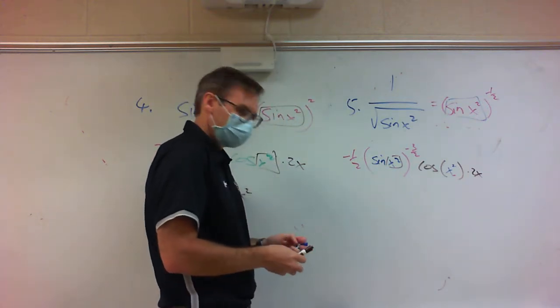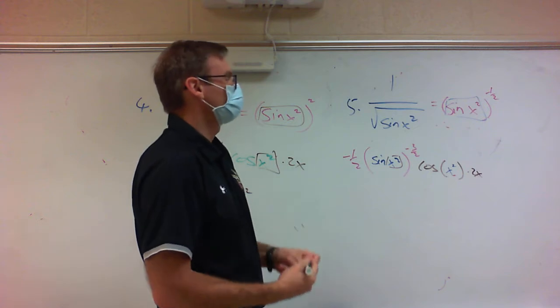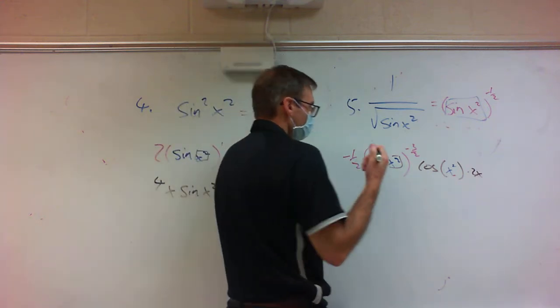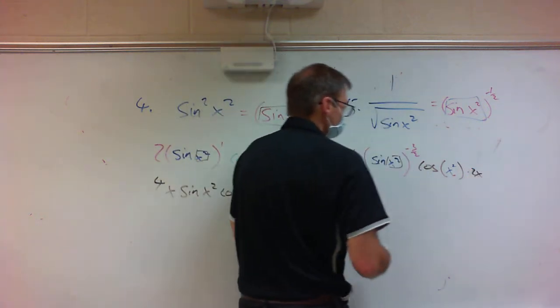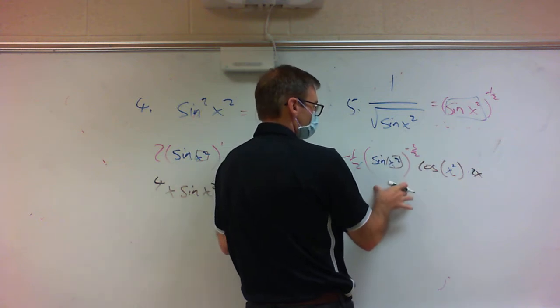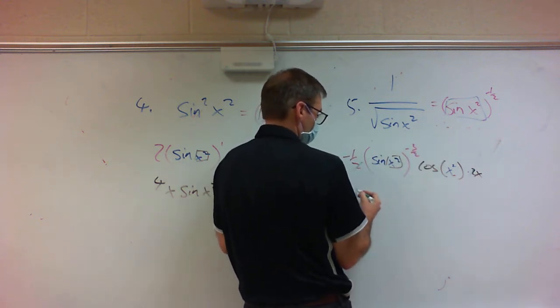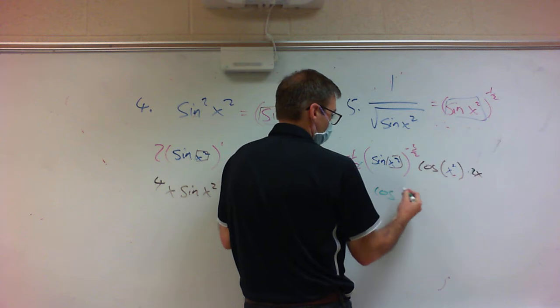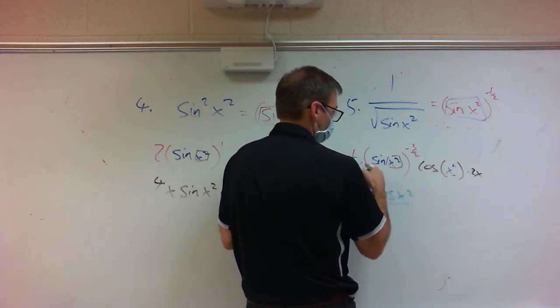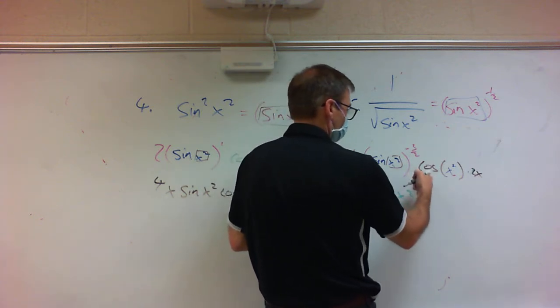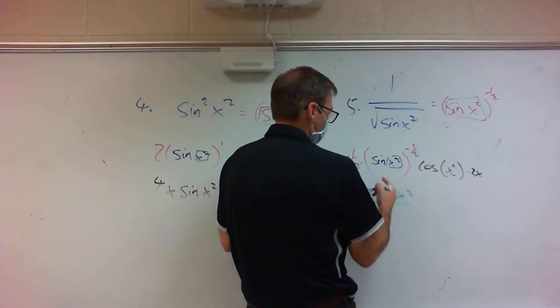And now there's the cleanup. This 2 cancels this. This is going to go on the bottom. That's going to go up top. So I get a negative on top. I get cosine of x squared, and I'm also going to get an x.